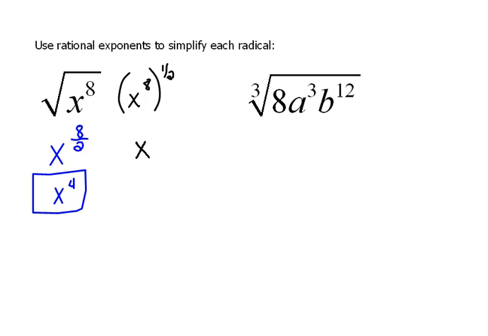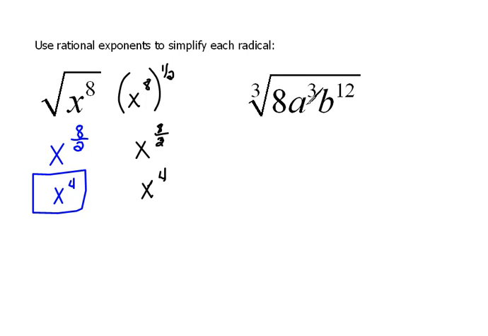So that would be x to the 8 times 1/2, which would be 8/2. Or we could have simplified first and said that was simply x to the 4th. As long as you're using valid math rules, you may approach it slightly differently, and that's okay. You just have to keep in mind it must be a valid math rule.